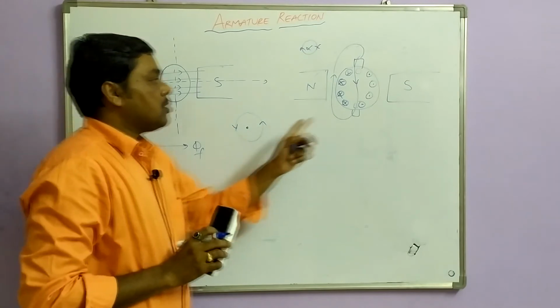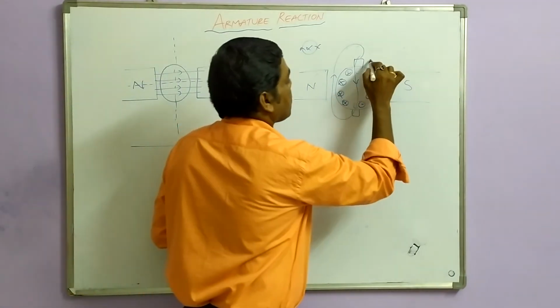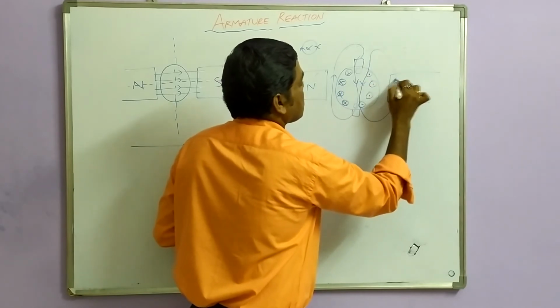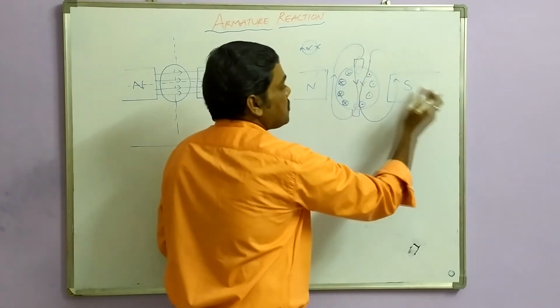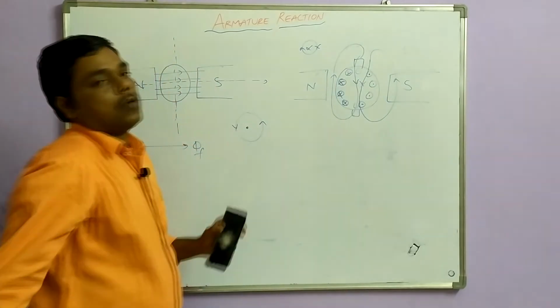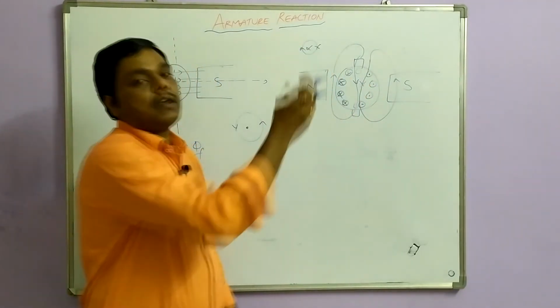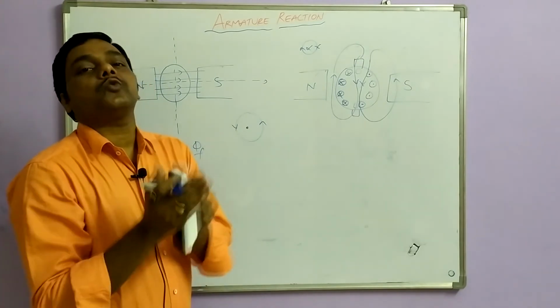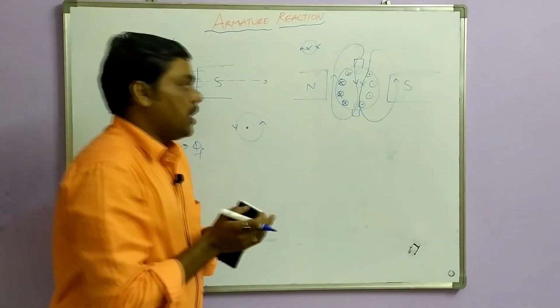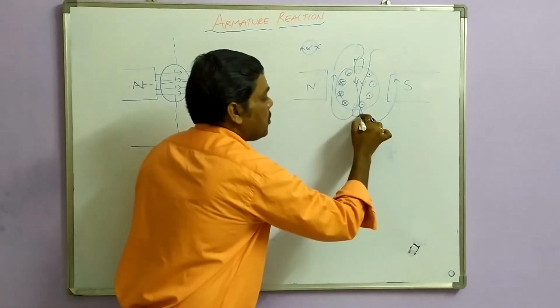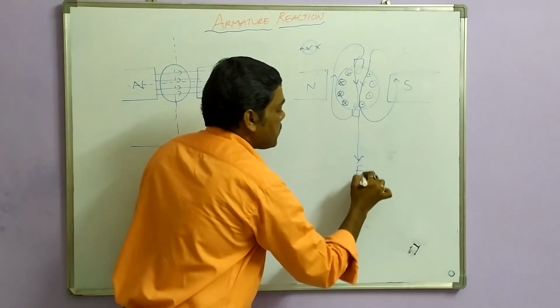Now this portion comes at the middle section, so I can represent it like this. This is the upward direction on the rightmost side, and the middle section is again downwards. Now what is happening here? The total flux lines are crowded here, the total flux is aided, and the direction of the total armature flux is going to be downwards.